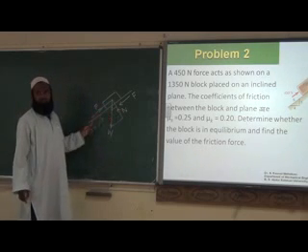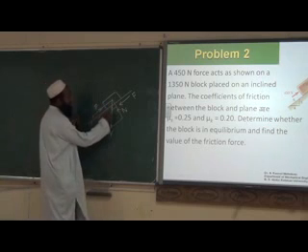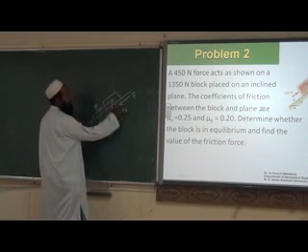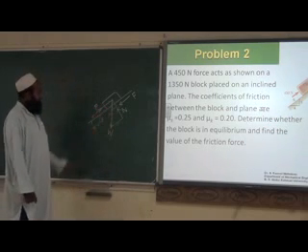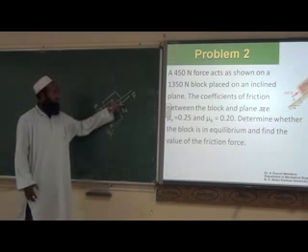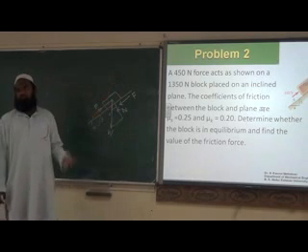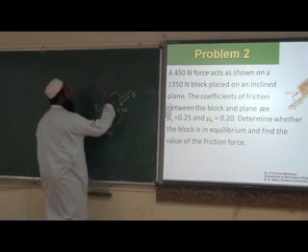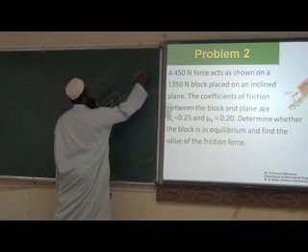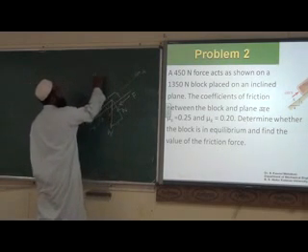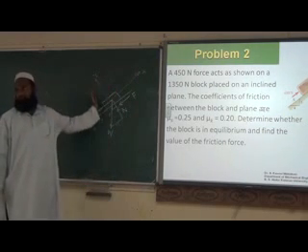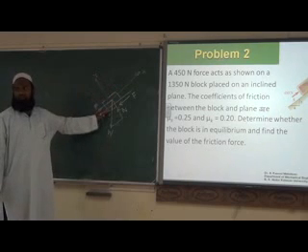These two angles are similar, so we have 5, 3 and 4, same fraction. We have to resolve all the forces parallel and perpendicular to the inclined plane. So this is X, this is Y.